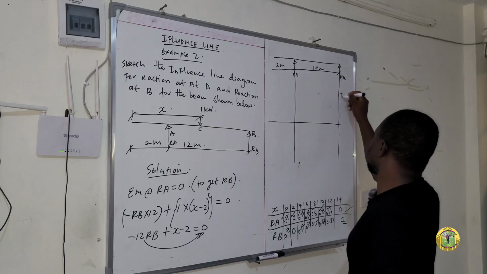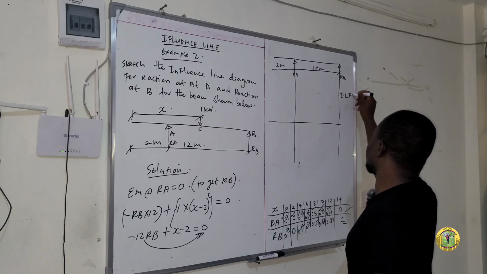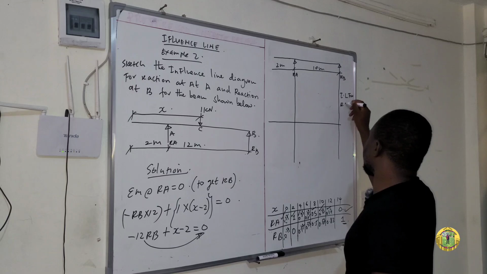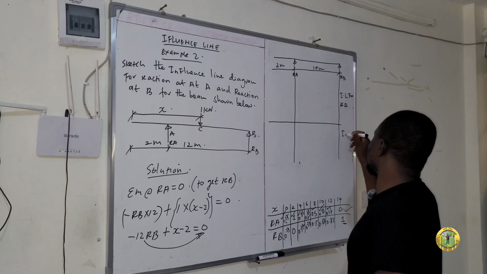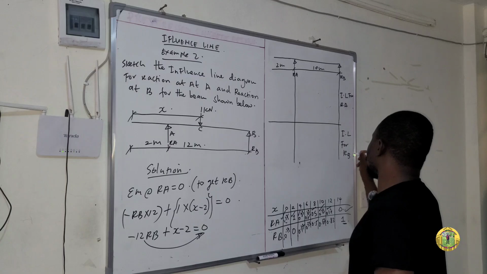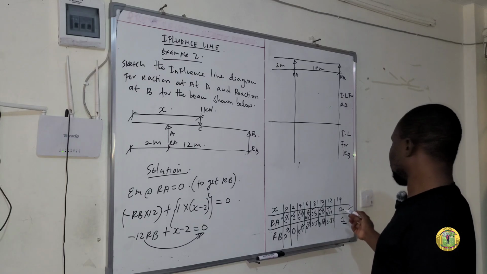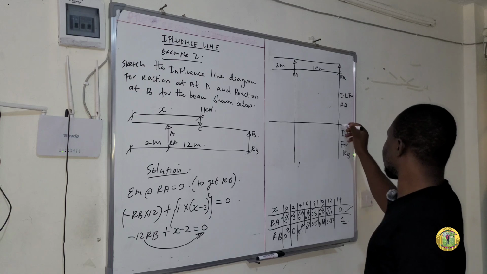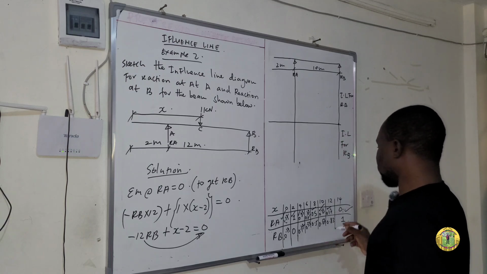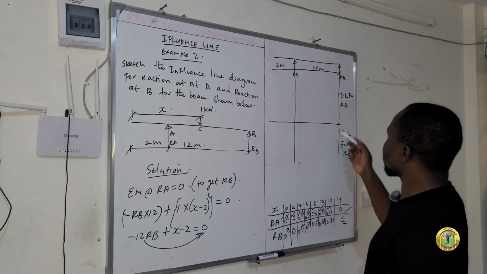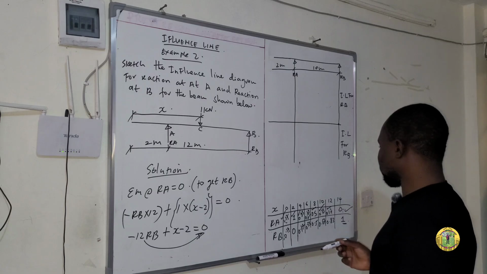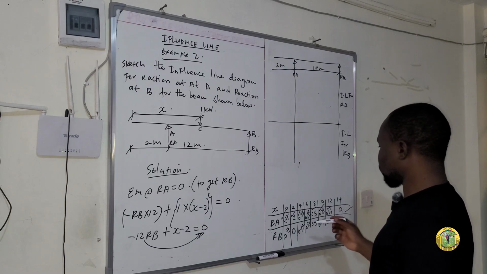So here will be influence line for RA, then influence line for RB. So if we start from RA, you have 0. This is 0. And remember, this is 10 meters.